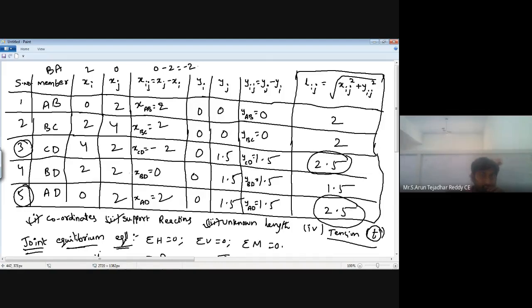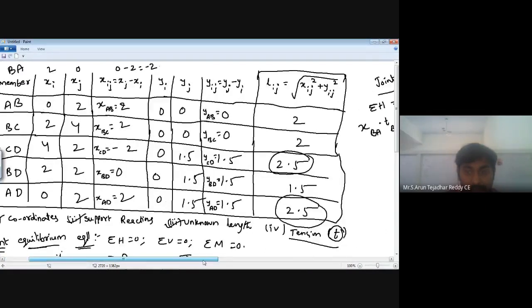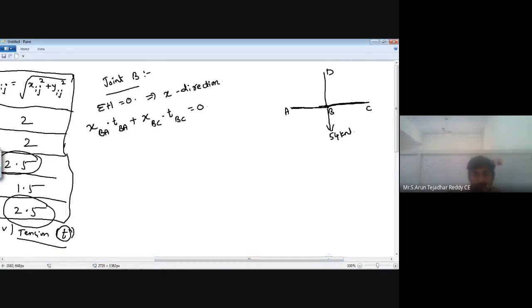See, here we are calculating the coordinates. Don't confuse here. XAB is not equal to XBA. There is some variation because this is the coordinate system. Here XBA is not equal to XAB.